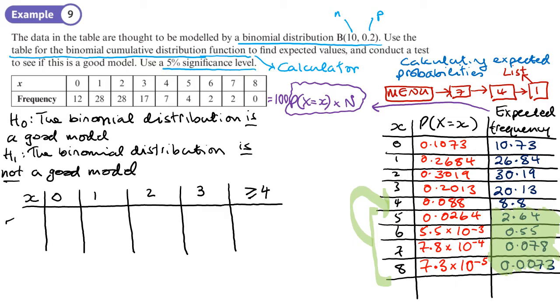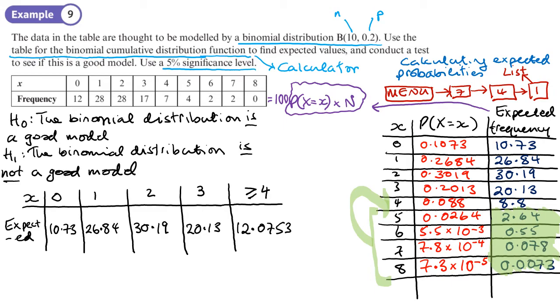So at the bottom here I'm going to have my expected frequencies, so 10.73, 26.84, 30.19, 20.13, and then I now combine 8.8 with 2.64, 0.55, 0.078 and 0.0073. So that will give me 12.0753.